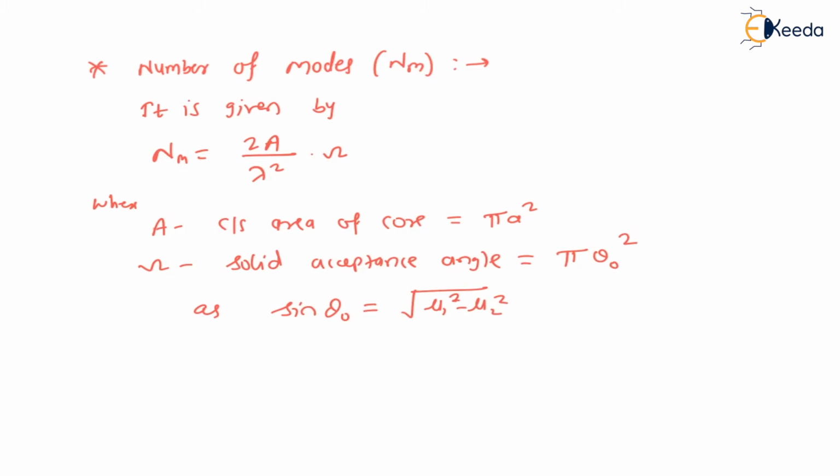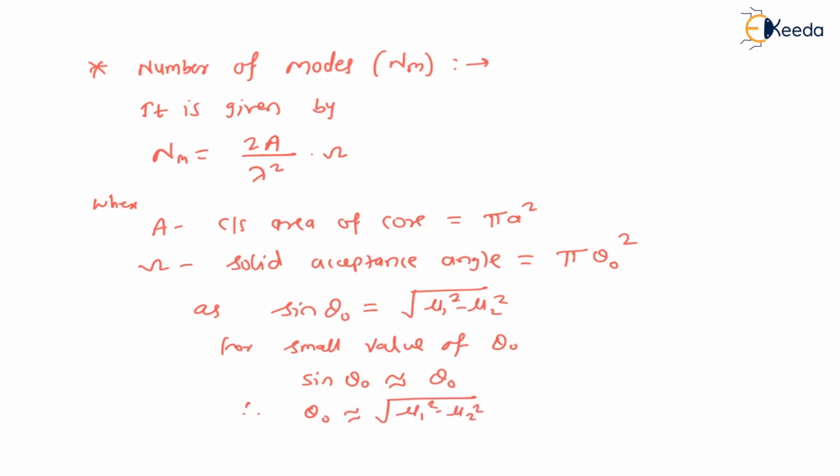So see, here I'll write, for small value of this theta naught, that is acceptance angle, we write sin theta naught is approximately equal to theta naught. So this is for the small values of theta naught. So that's why this equation becomes, theta naught is approximately equal to under root mu1 square minus mu2 square.